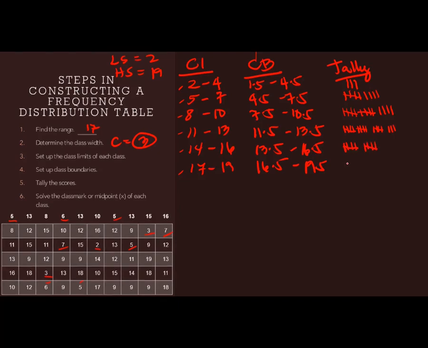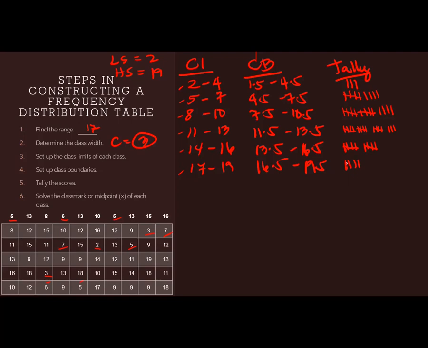And then last, we are going to look for numbers that belong to 17, 18, and 19. So we have 1, 2, 3, 4, 5, and 6. So we have 6.